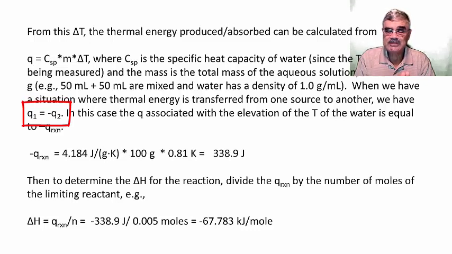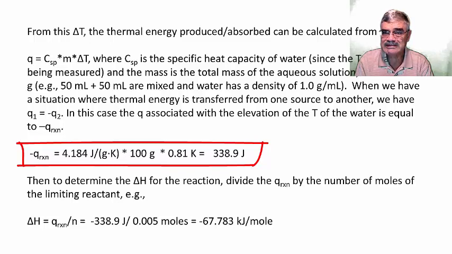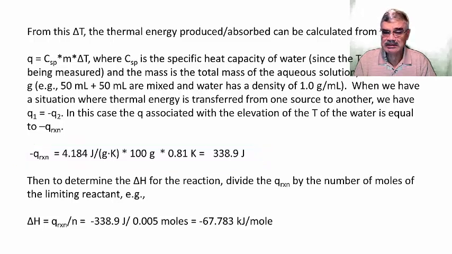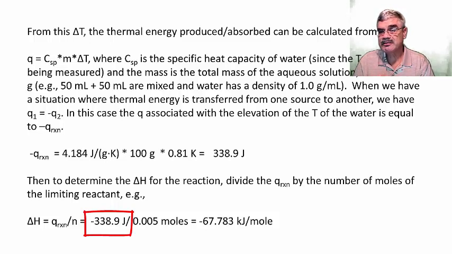So using the information we have for the specific heat of water and the increase in temperature of that 100 milliliters of water, we're identifying that amount of thermal energy as minus Q of the reaction, minus the thermal energy released by the reaction. So remember that number was 338.9, so if we put the minus sign in front of it, we have minus Q of the reaction is equal to 338.9, or in other words, Q of the reaction is equal to minus 338.9.